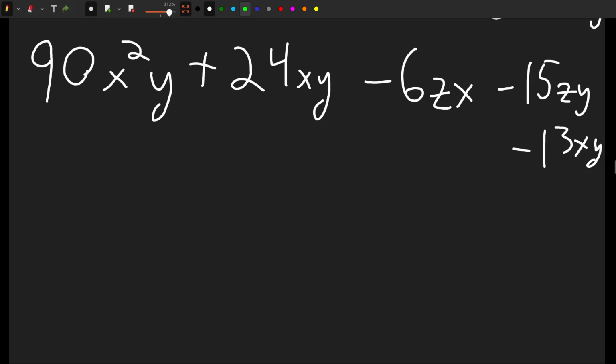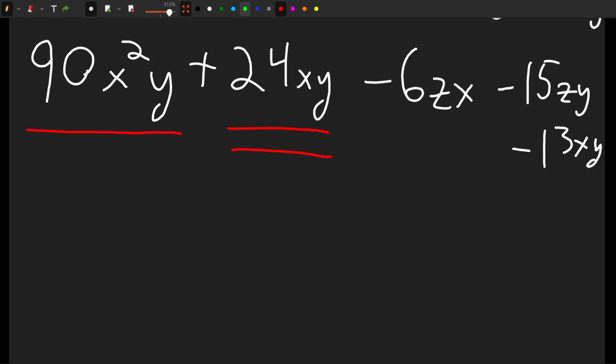So now we need to see, is there any terms we can combine? What I like to do in this case, if you ever run into this problem, is I like to draw little lines underneath each of my like terms. So here I'm going to draw one line, and I have x squared y. Do I see any other x squared y terms here? No. So then I'm going to go to 24xy.